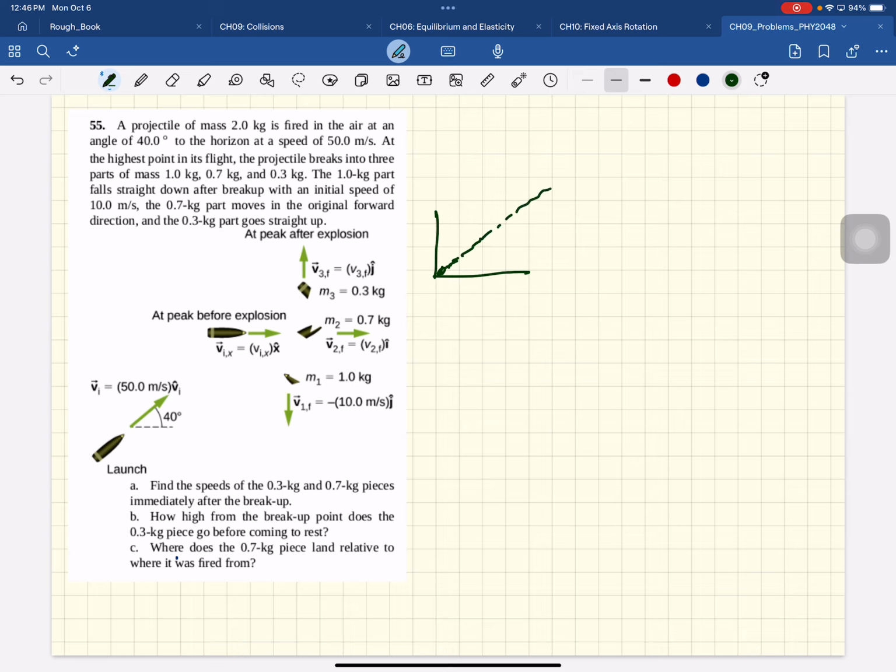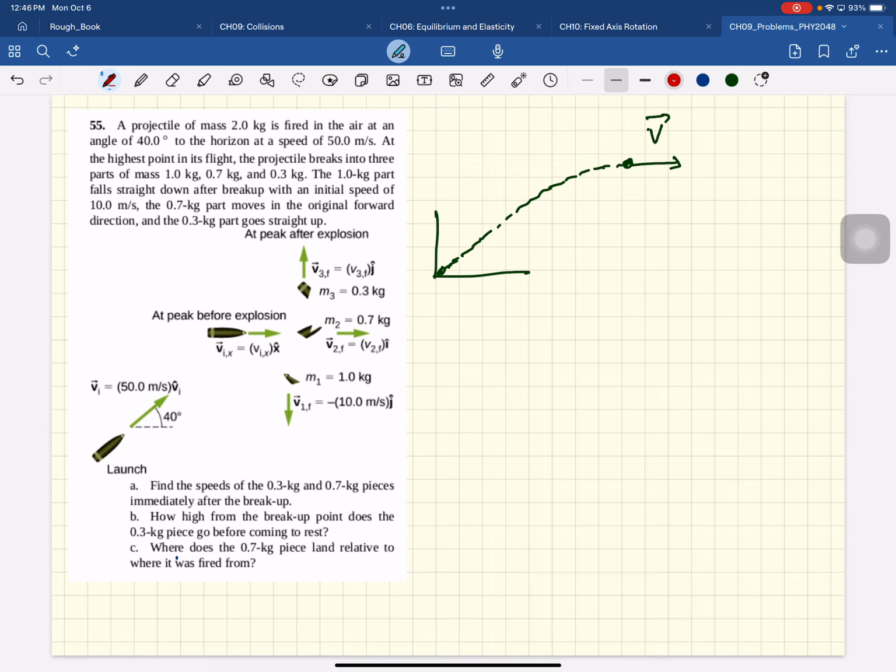What is the trajectory of the projectile? It's a parabola. At the highest point, what is the direction of its velocity? Yeah, so it's horizontal. The velocity is horizontal. So its momentum is horizontal at the highest point.